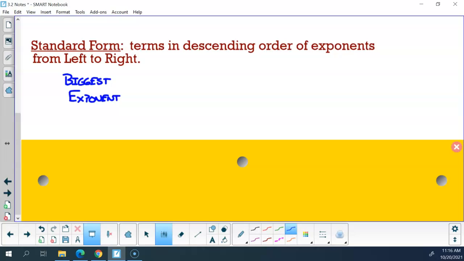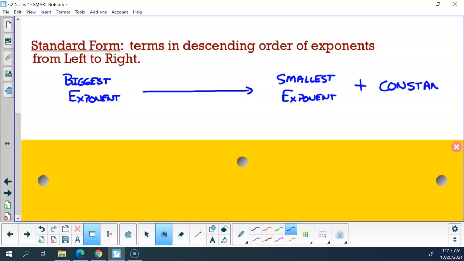Then the next term has the next biggest exponent, and the next biggest exponent, and so on and so forth, until you go all the way down until you have the smallest exponent. And then if you have a number without an exponent, or without a variable, call that a constant.